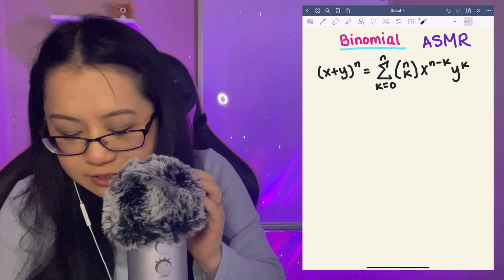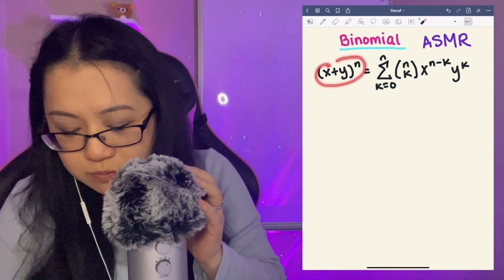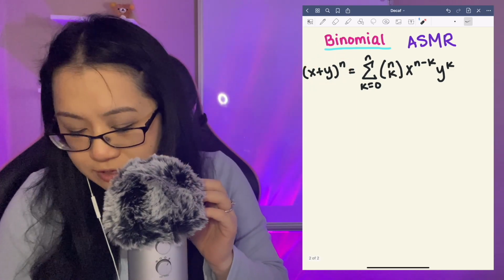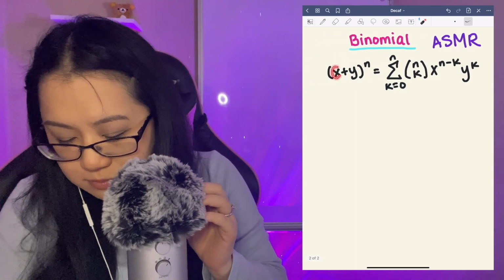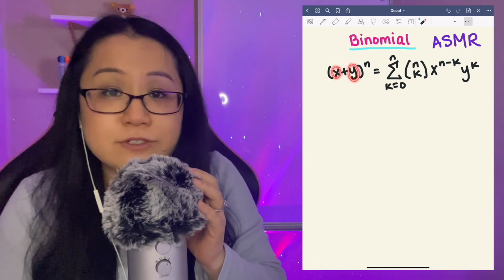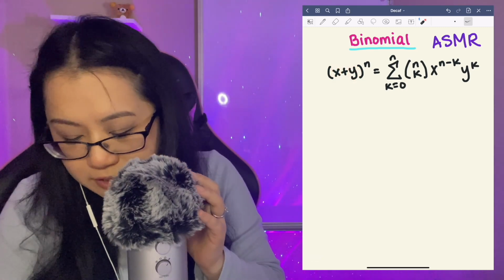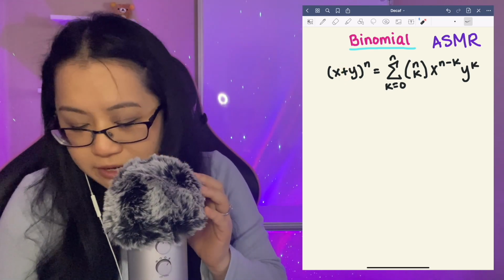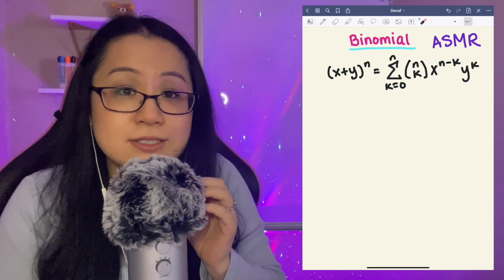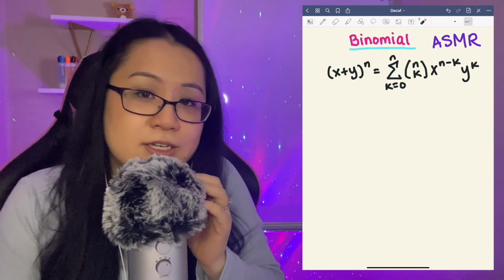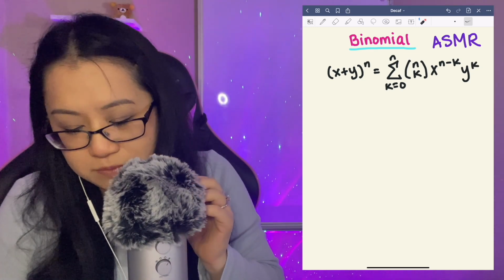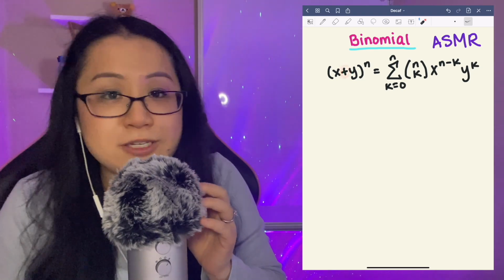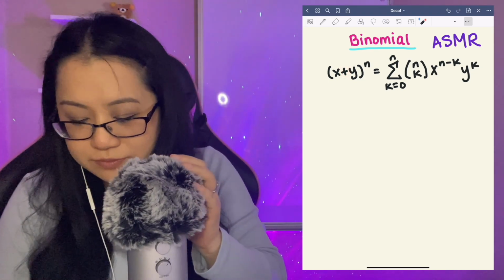So on this side, this is our binomial side. We have x plus y, so we have two terms that are separated by a plus. It can be plus or minus, but if it happens to be minus, you can treat it as if we're adding a negative number. So plus just keeps it general here.